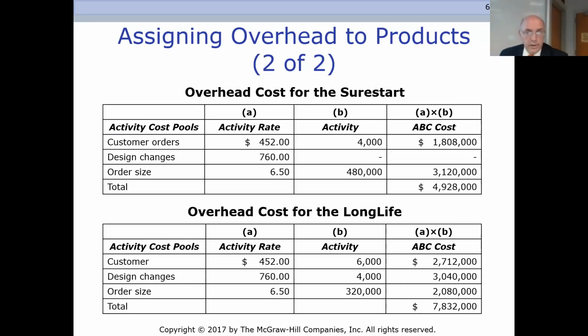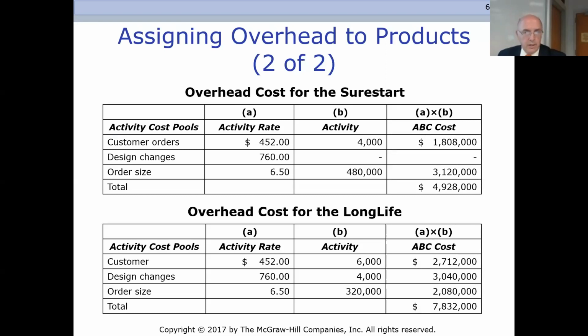So here we have overhead costs for Sure Start. You have the activity cost pools. They only have 3 of them there because they didn't have that one category, design changes. So you have the activity rate that we determined, $452 times 4,000. The activity rate per unit times the number of units, 4,000.